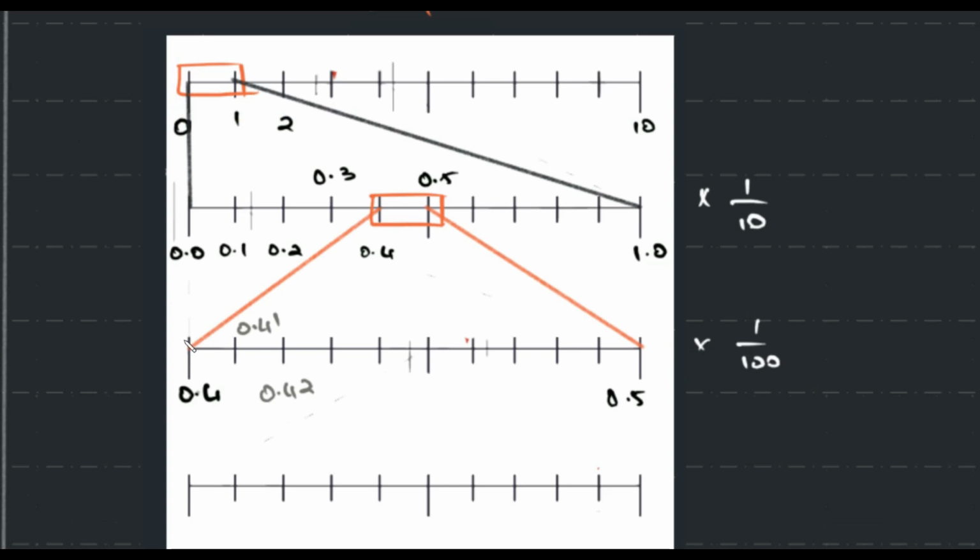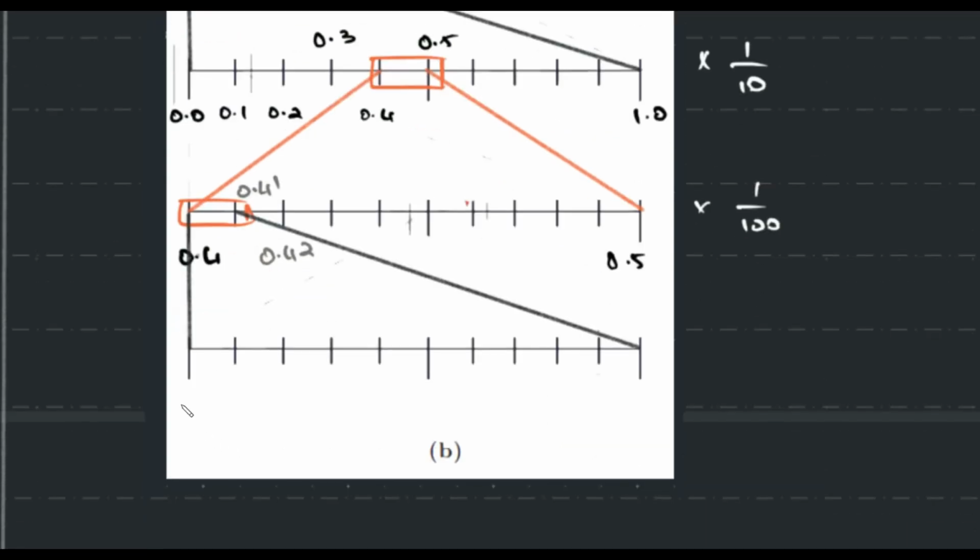So it's between 0 and 1. And this is what we are zooming in. This is your 0.42, 0.41. You can write a 0 over there.